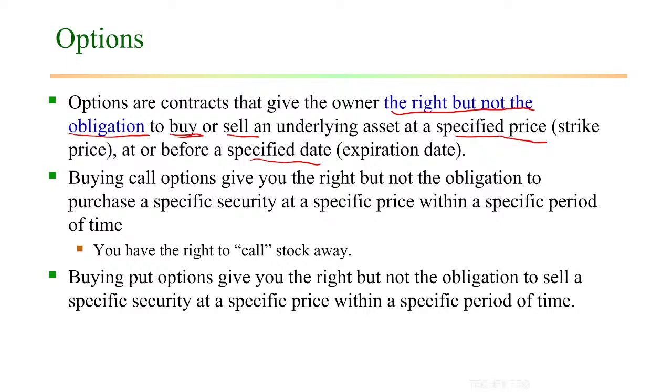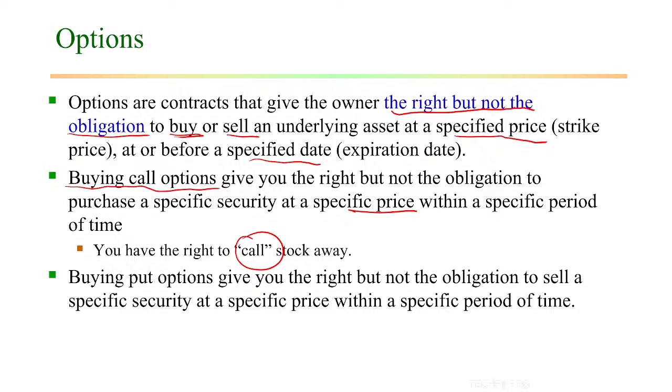So buying a call option means you are taking a long position. That gives you a right, but not the obligation, to buy a specific security at a specific price within a specific time. And you have the right to call the stock away.